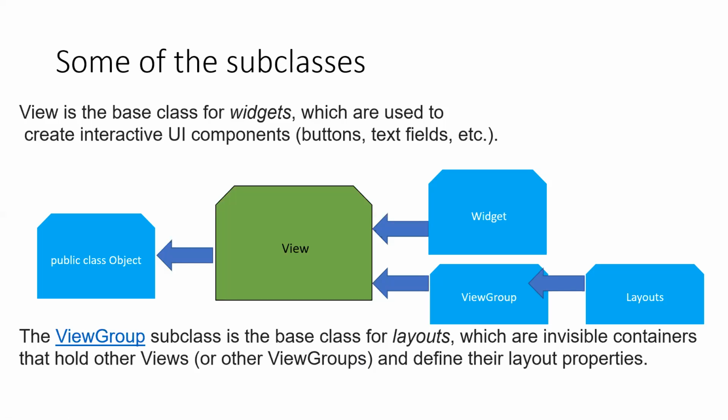One of the subclasses is Widget and there is ViewGroup. ViewGroup acts as a base class for layouts, and a layout is kind of an invisible area that can contain other views. Widget is used to create interactive UI elements, for example buttons, text fields, whatever you see on your Android user interface.